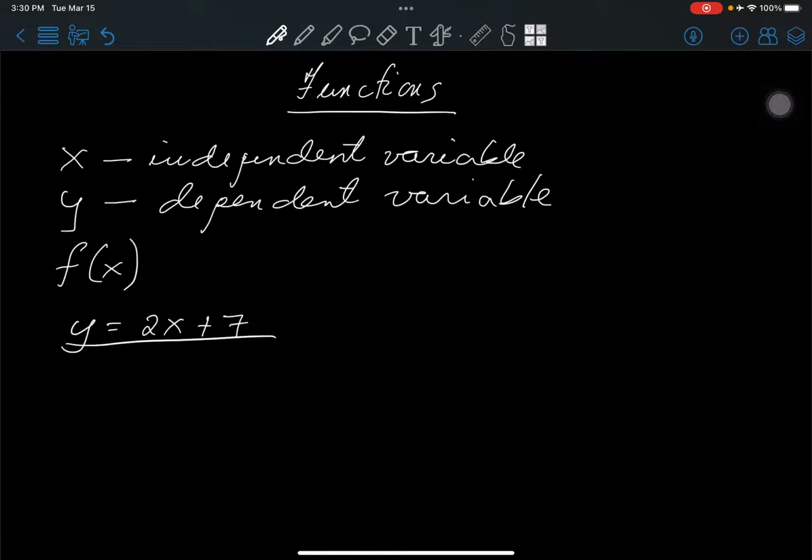Now, as I mentioned a while back, functions are usually a relationship between two variables. We have one independent and one dependent variable. So looking at our example, instead of writing y, this can be represented as f of x is equal to 2x plus 7.